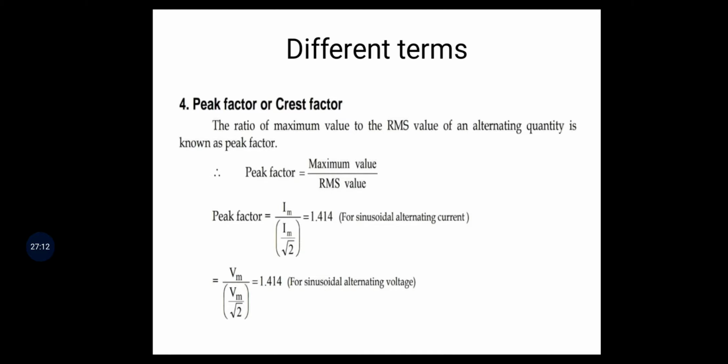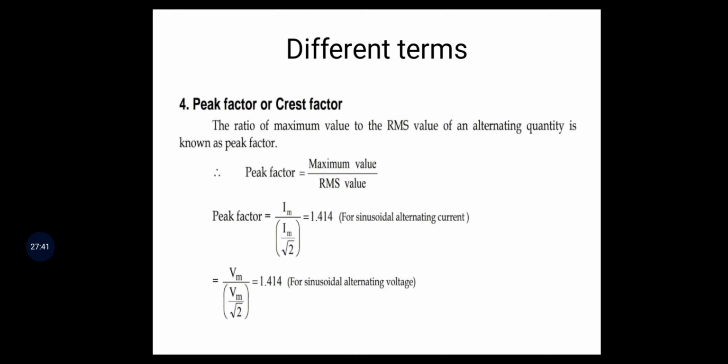What is meant by peak factor? The ratio of maximum value to the RMS value of an alternating quantity is known as peak factor. Peak factor equals maximum value by RMS value, which is Im by root 2.